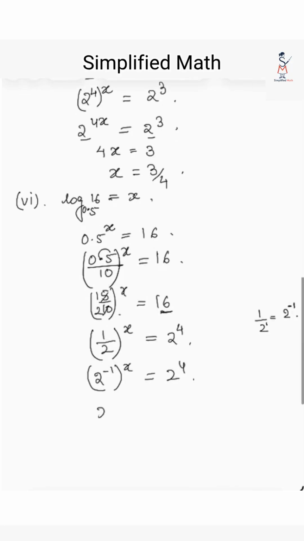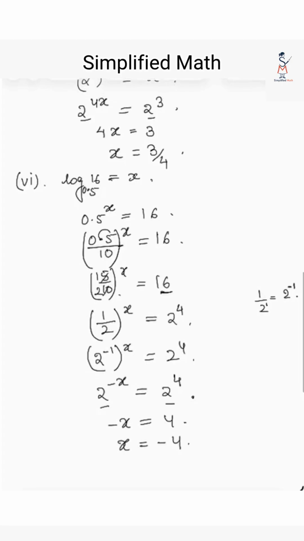So this becomes minus x is equal to 4, since the two bases are same. That means x is equal to minus 4, because we want the value of positive x, not negative x. If minus x is 4, then positive x is minus 4. How does it become that? Because we multiply by minus on both sides. So minus minus becomes plus and this becomes minus 4.